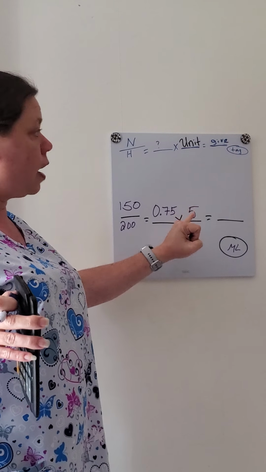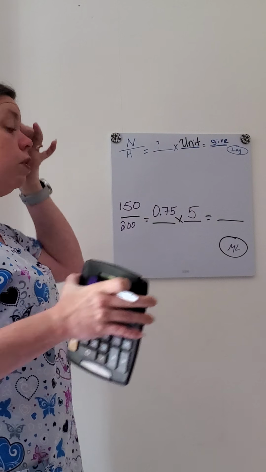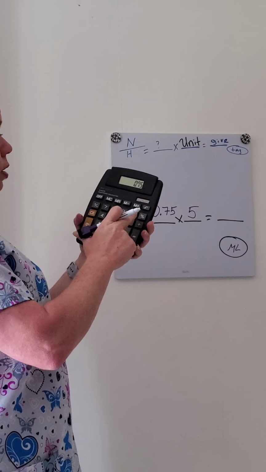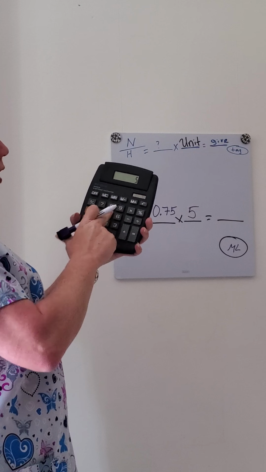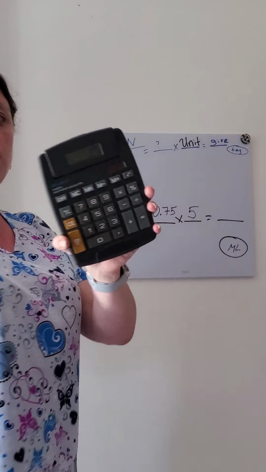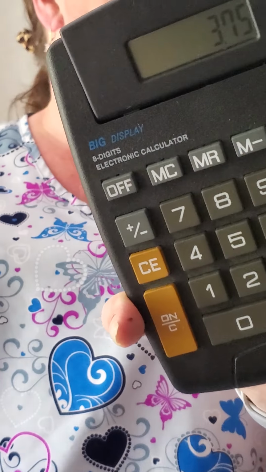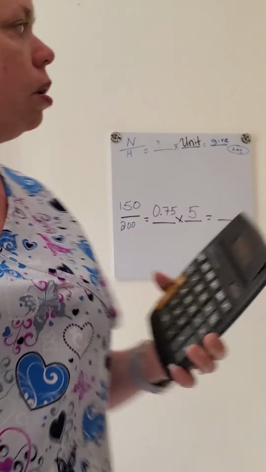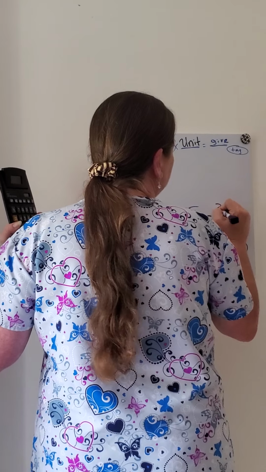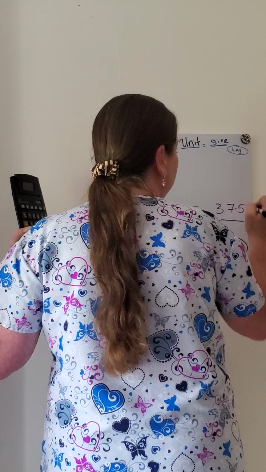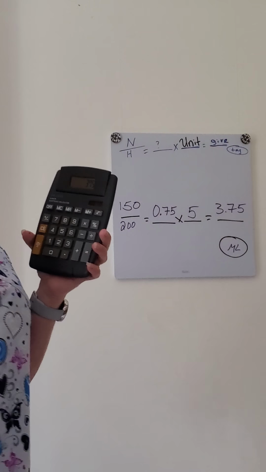Multiply that by 5 to get your answer of what you give. So 0.75 times 5 equals 3.75. 3.75 mLs is the answer.